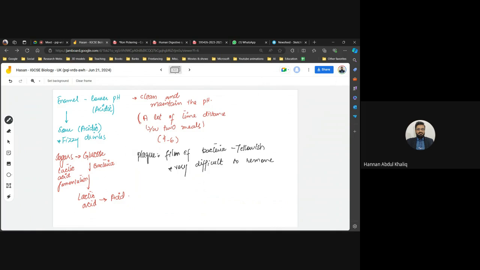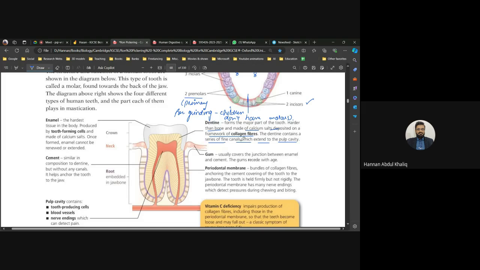Okay, once the damage is done, now your dentine is exposed. No doubt the dentine is harder, but the problem is that it has collagen fiber and a series of canals that extend to the pulp cavity.